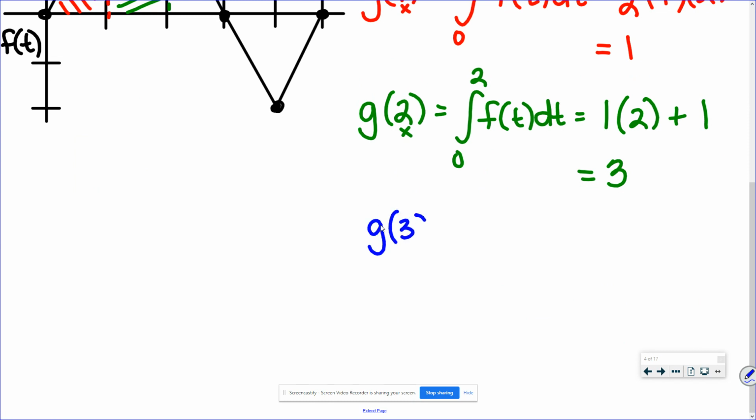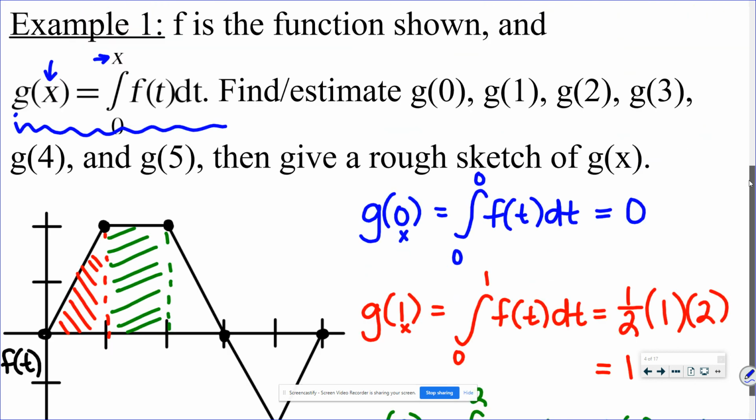All right, g of 3. Again, everywhere I see an x, I'm going to put a 3. So to find the value for g of 3, I'm going to find the area from 0 to 3. Okay, so let me go back. I already know from 0 to 2, the area is 3. So I want to go a little bit further.